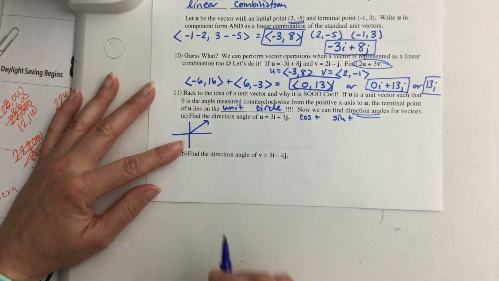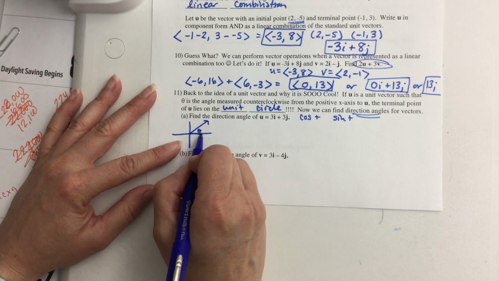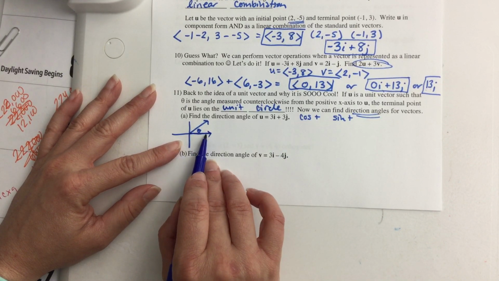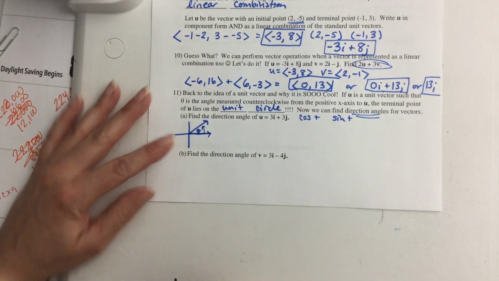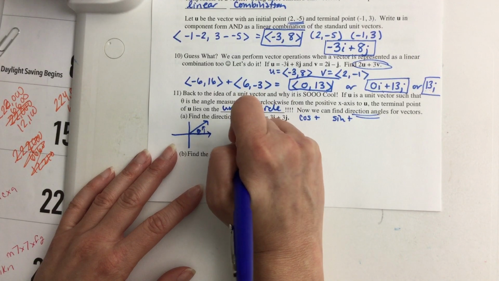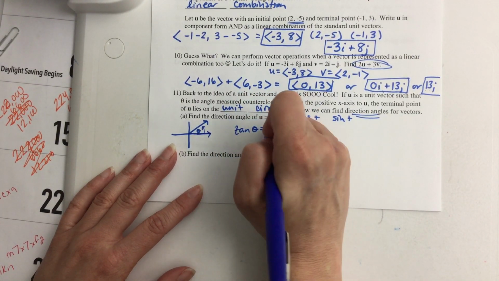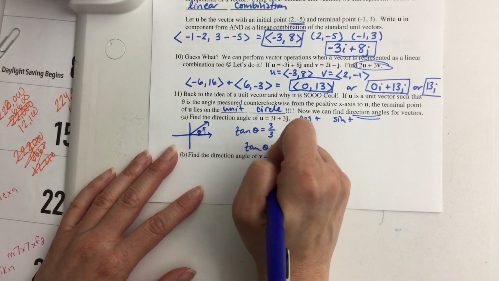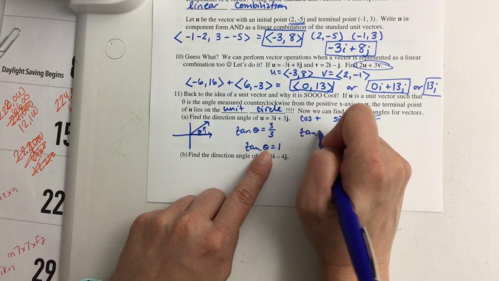So when I find my answer, when I find that unit vector, it says it's starting from the x-axis going the positive direction. My direction angle is this measurement right here. The formula for that is the tangent of theta equals b over a. So it's 3 over 3. So the tangent of theta equals 1. In order to solve for theta, you have to do the inverse tangent.